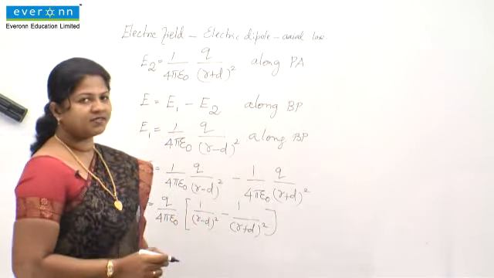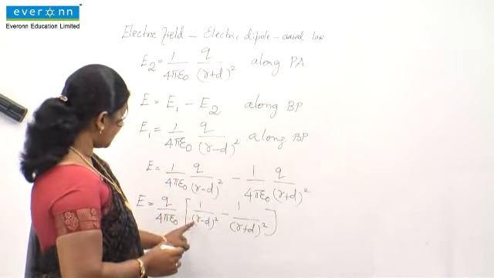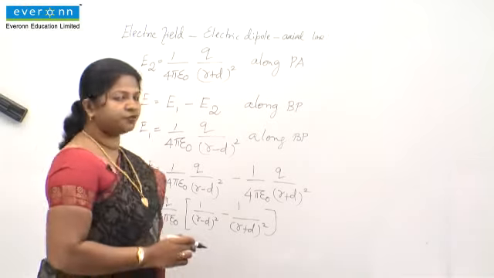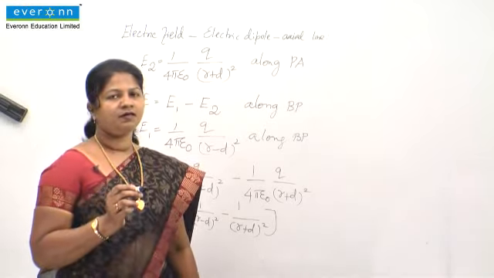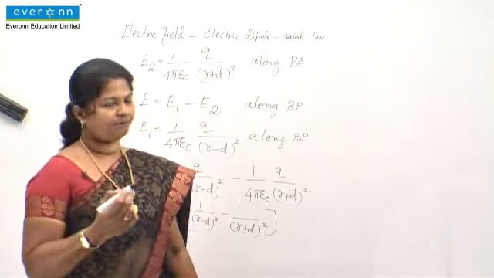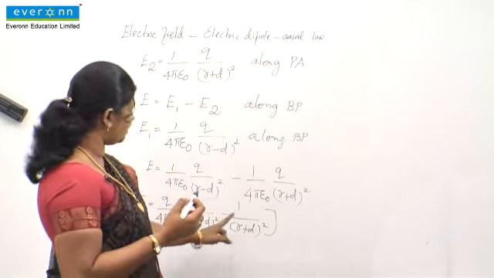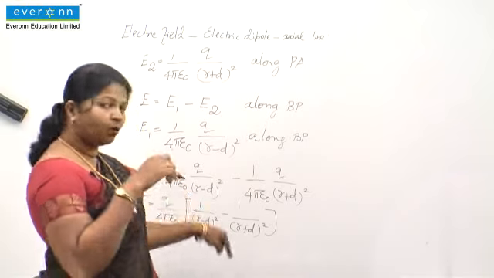Now how do we simplify this equation? Here if you see R minus D, R plus D, which is of the form A minus B, A plus B, which means it is A square minus B square. So in this case it will be R square minus D square, and we have the whole square.